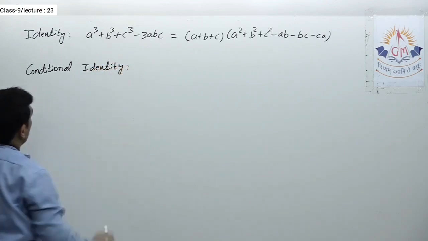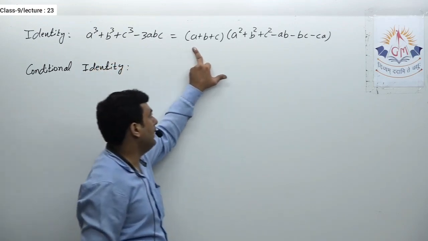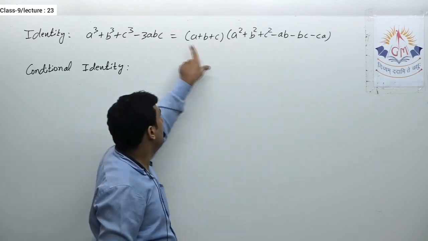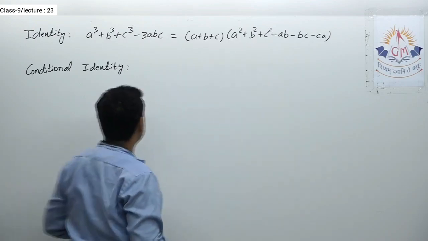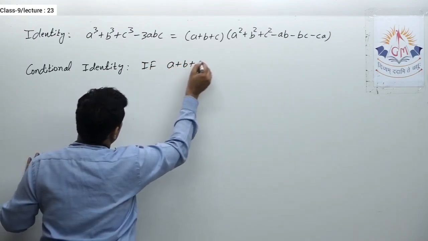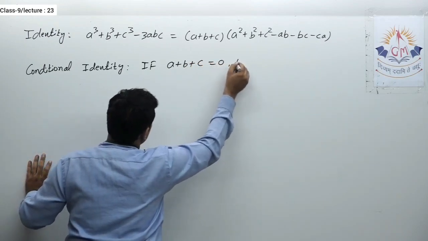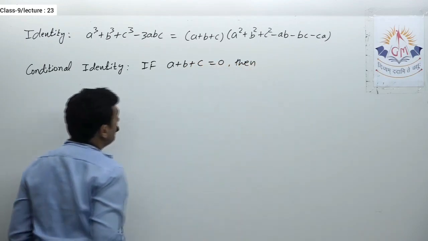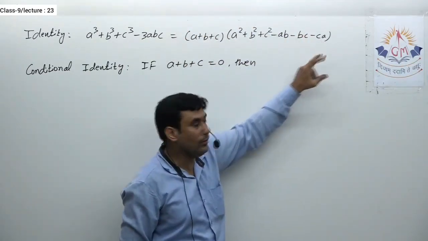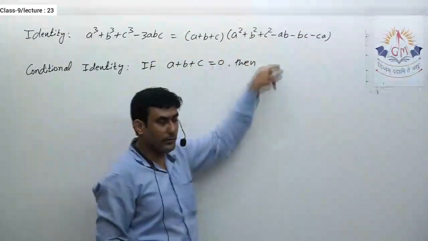Conditional identity. What is the condition? See, if I make this a plus b plus c equal to 0, then what will happen? If a plus b plus c is equal to 0, then what? See, if I make this 0, this complete right hand side will become 0. 0 multiplied by anything is 0.